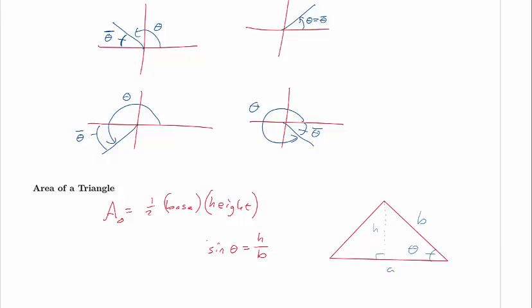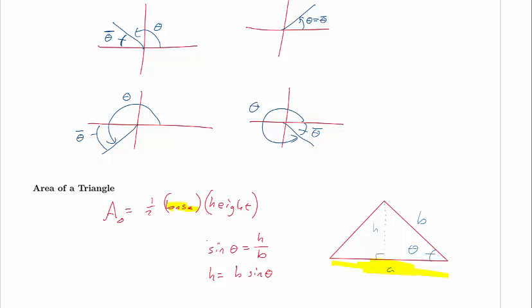And so again, we want to solve for the height. So height is simply b times sine theta. And note that the base, well, that's just going to be this length right there. So we have everything accounted for.